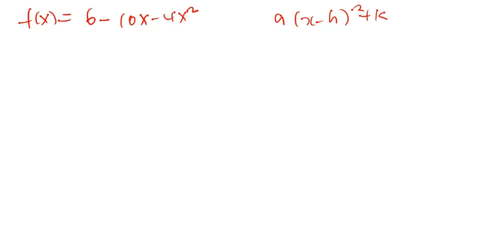Next they say sketch the graph of f of x indicating the intercept and turning point. So this is a quadratic function. We already know about that. Now I need to use the completing square method if they say I should leave my answer in this format.